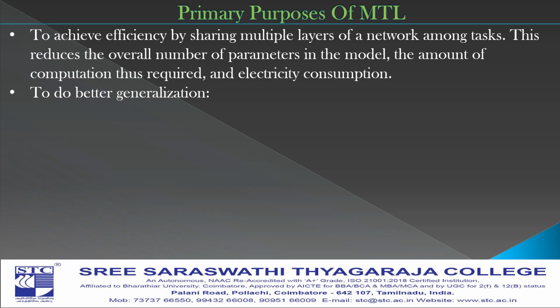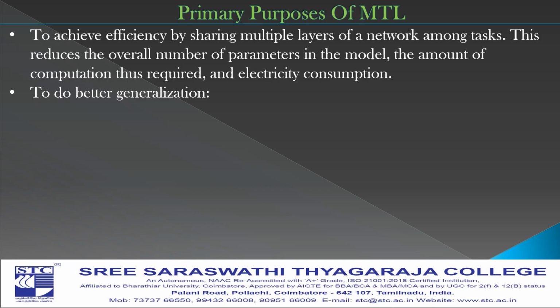If we develop multiple networks for different tasks, each of them will have their own set of parameters, which means more computations. More computations means more power consumption, and in a data center, if this program runs, there will be more cooling consumption and all that will be required, right?